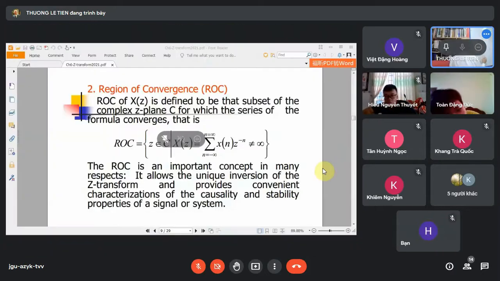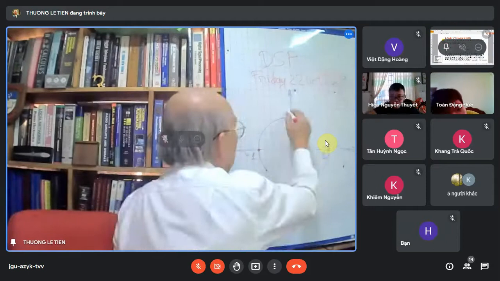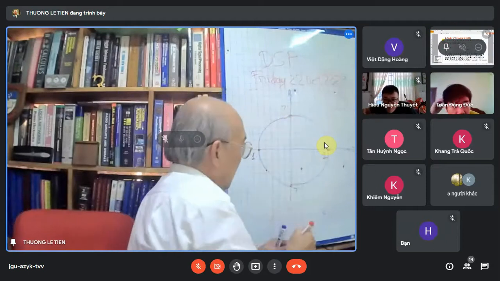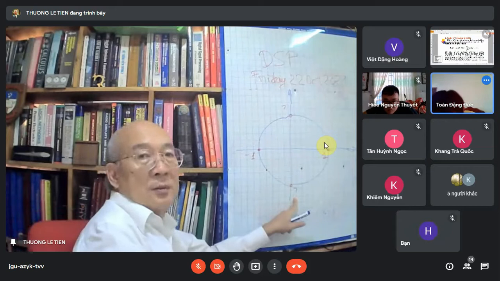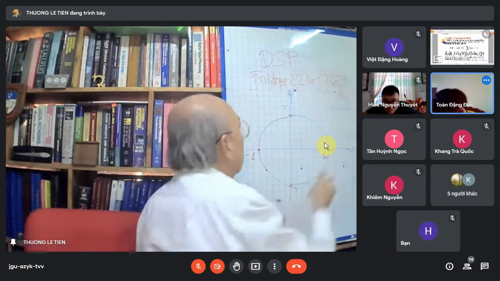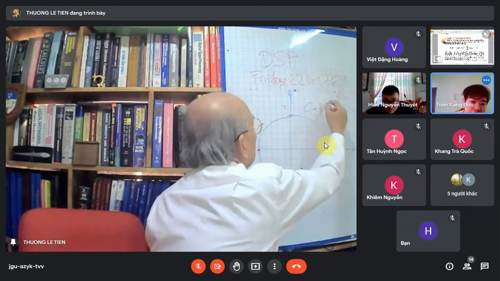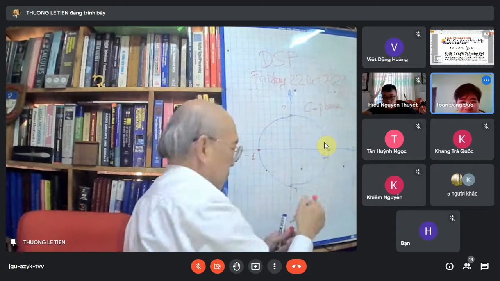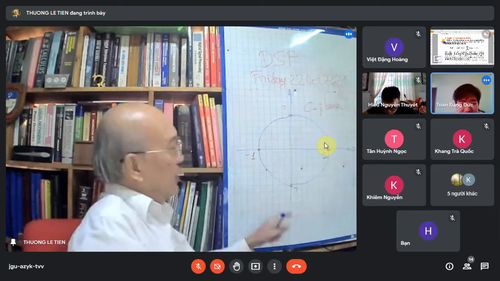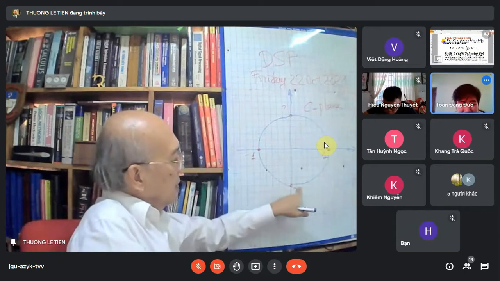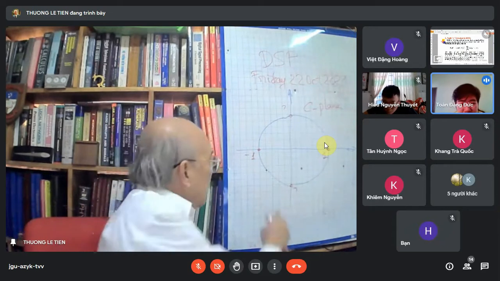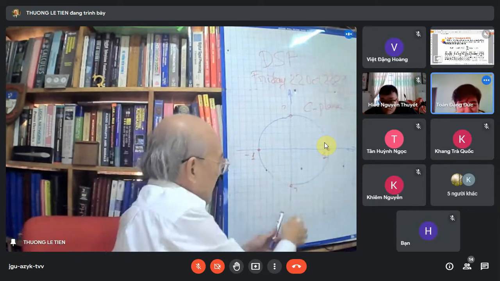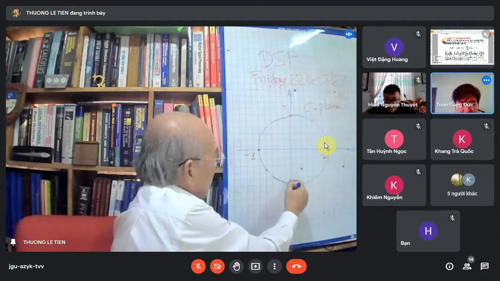What's the value of this part and this part? I think it has to be -1, or that is 2.